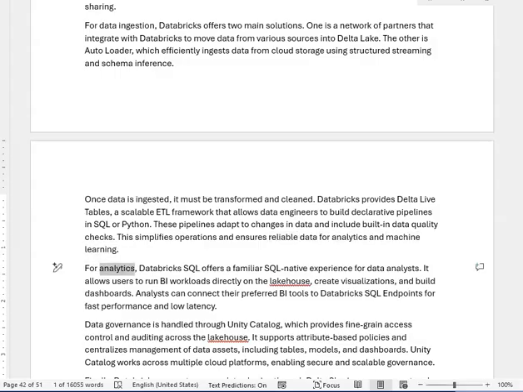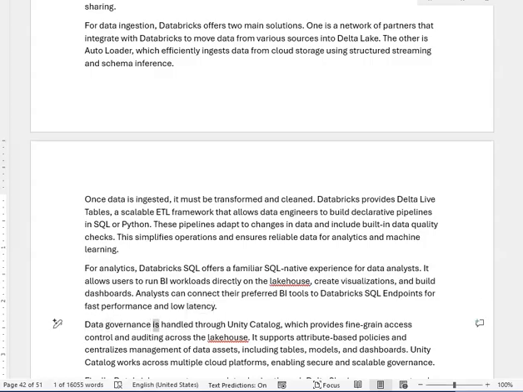For analytics, Databricks SQL offers a familiar SQL native experience for data analysts. It allows users to run BI workloads directly on the Lakehouse, create visualizations, and build dashboards. Analysts can connect their preferred BI tools to Databricks SQL endpoints for fast performance and low latency.